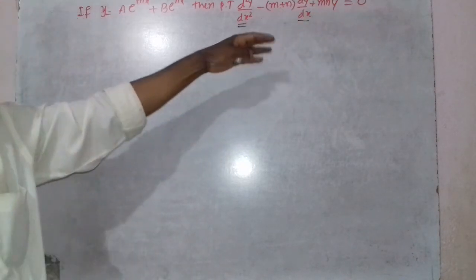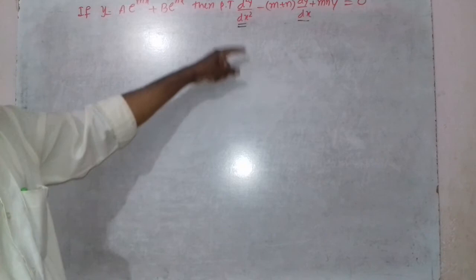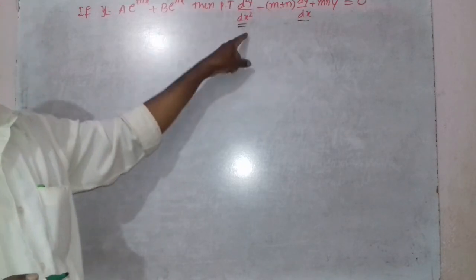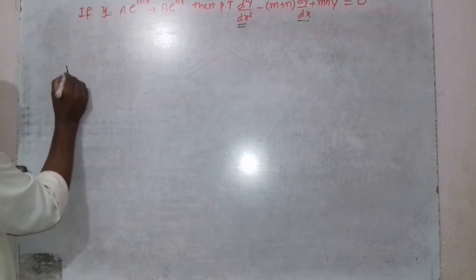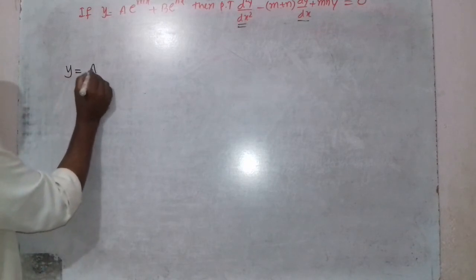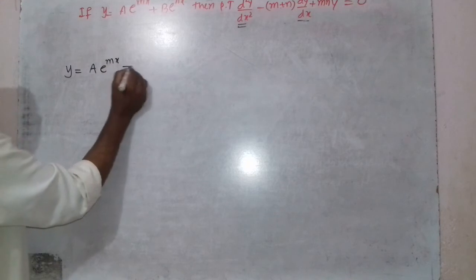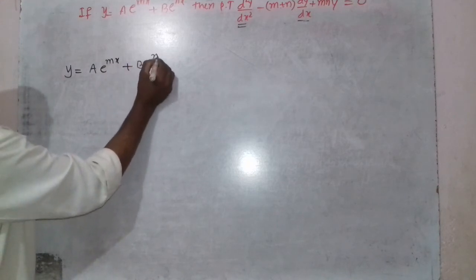So this is a different kind of problem. Remember this one, find dy by dx and d square y by dx square. So observe here, y equal to a e raised to mx plus b e raised to nx.